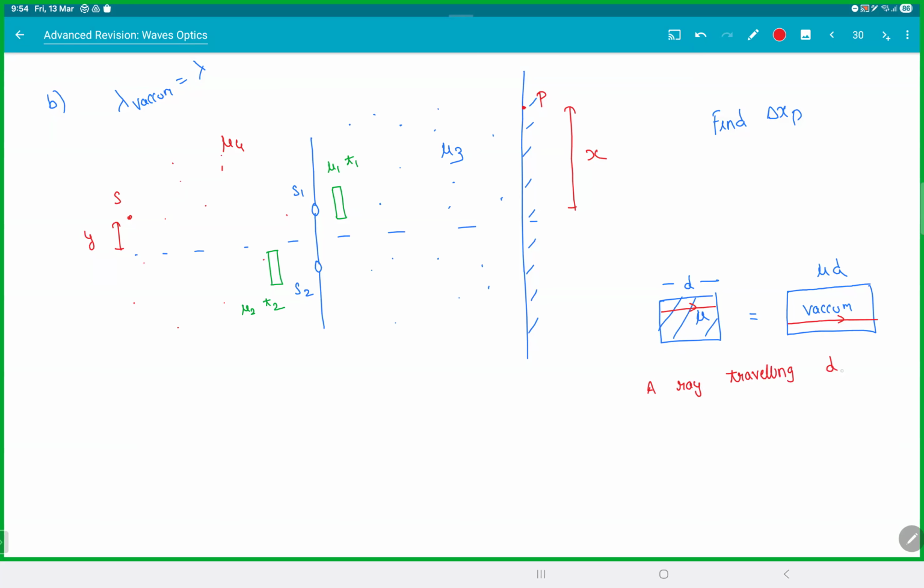A ray traveling d in a medium has the same optical path as a ray traveling mu d in vacuum. So basically the optical path of that light ray is mu d.